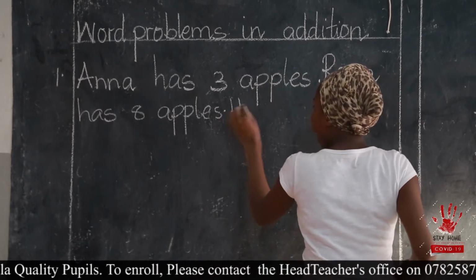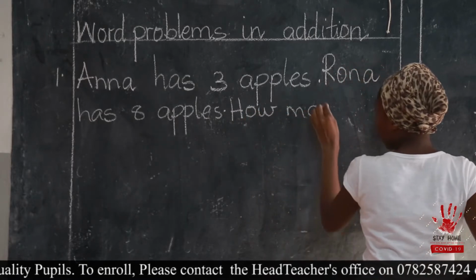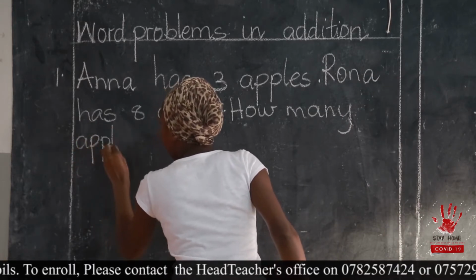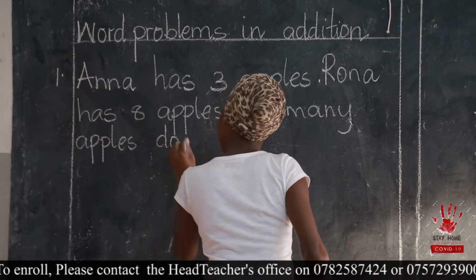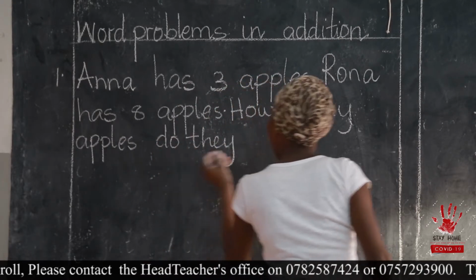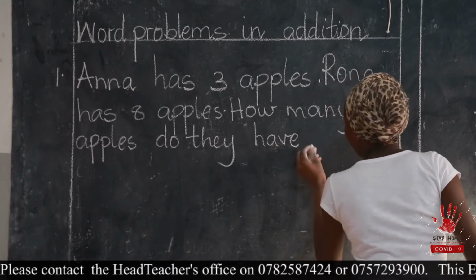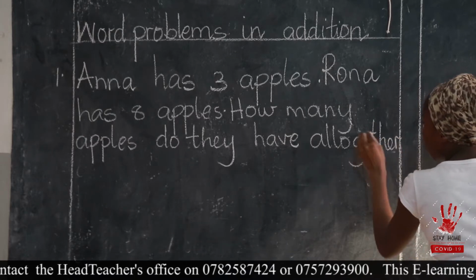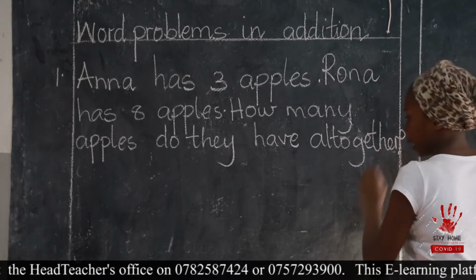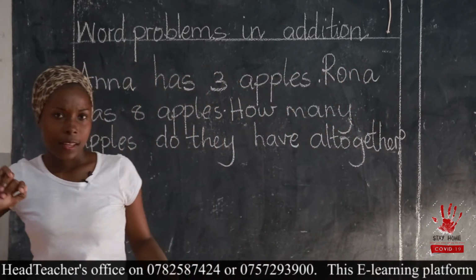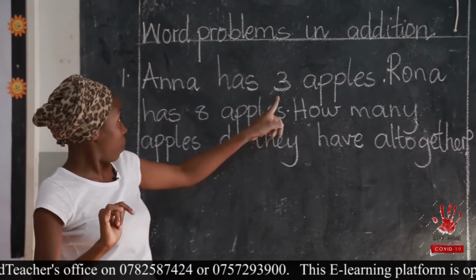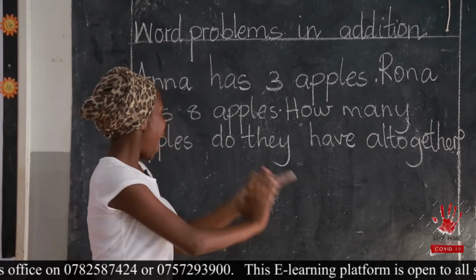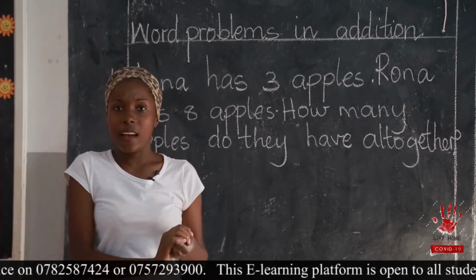They ask us, how many apples do they have all together? All together. They're asking us if Anna has 3 apples, Rona has 8 apples. How many apples do they have all together?